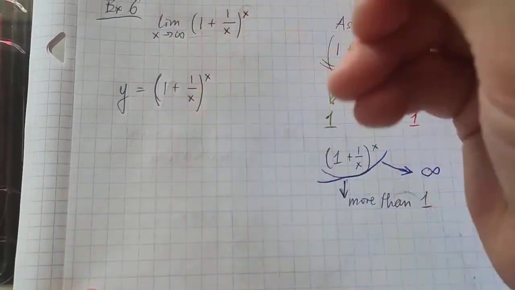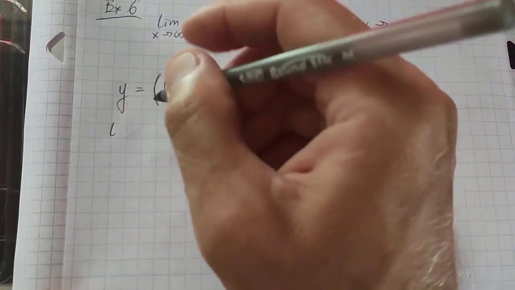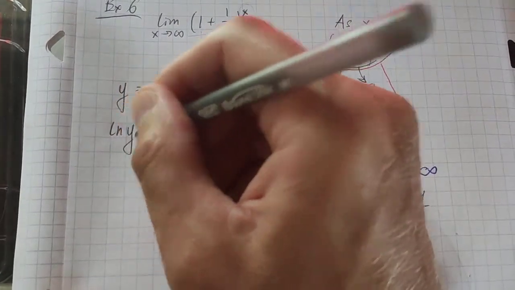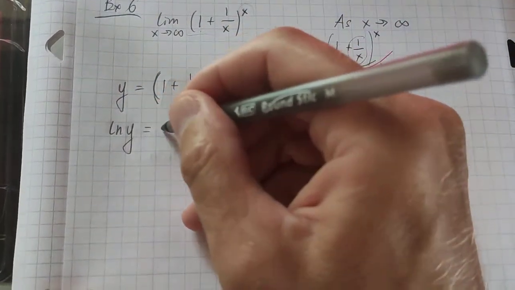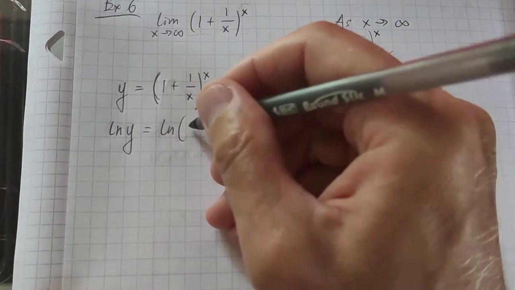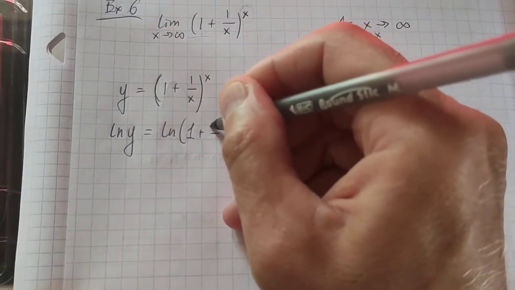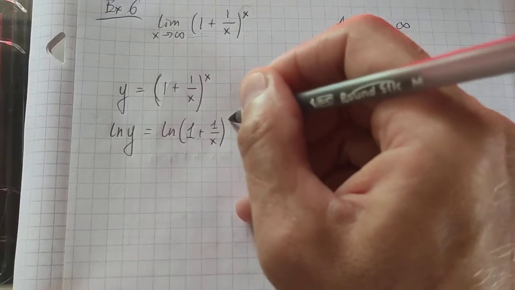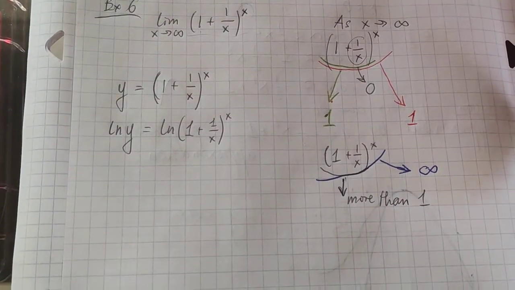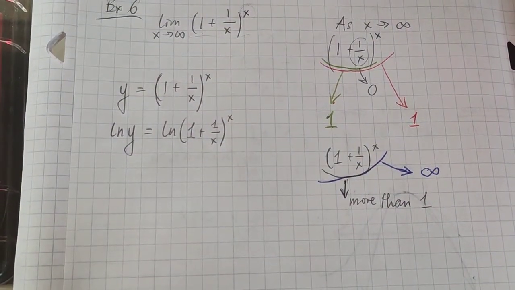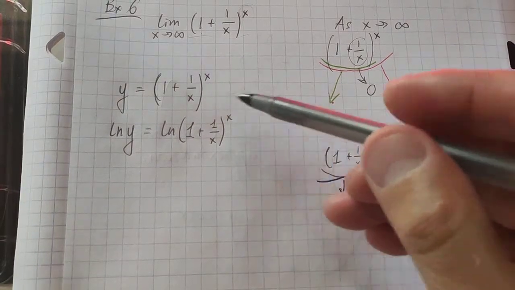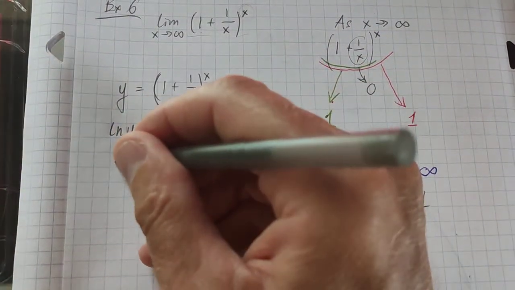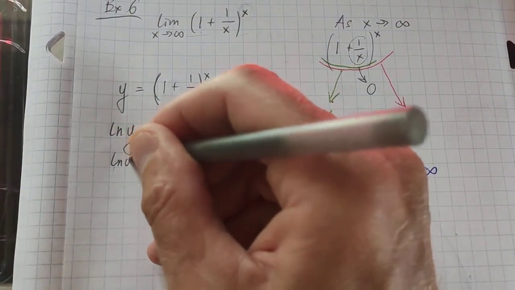So now what I'll do, I'll take a logarithm of both sides. So I have this 1 plus 1 over x to the power of x. This way, if you remember the properties of logarithms, I can take that x and put it in the front. So I still have my ln y.